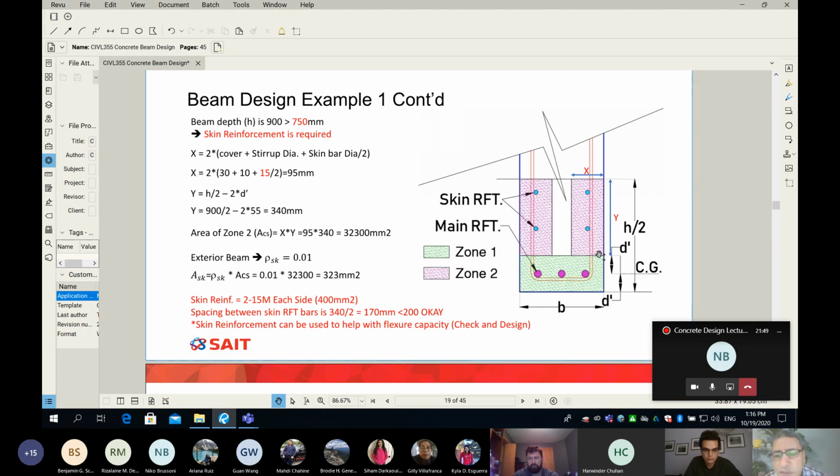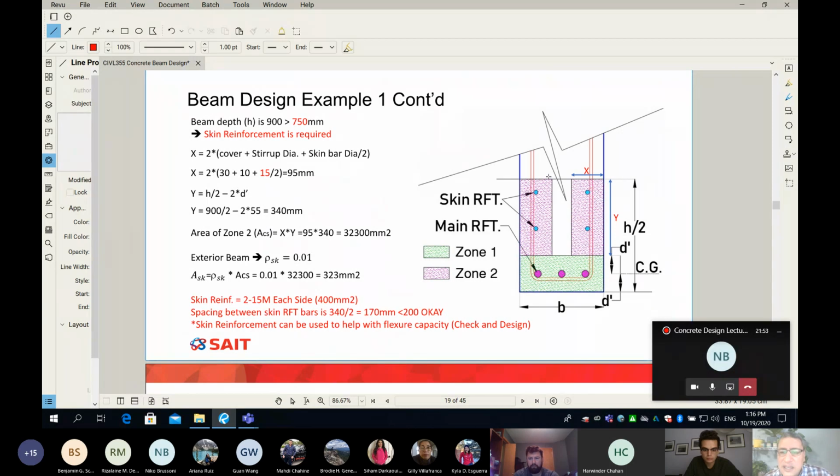Very simple geometric problem. Remember, this line here marks half of your beam, which, as you can see, I label H/2. So if your beam is 800, this dimension is 400. In our check number 1, for zone number 1, we figured out D prime, and then we mirror it, so 2D prime, which means my Y is very simple.